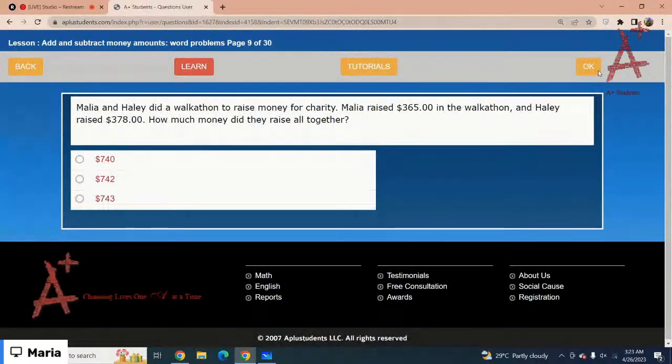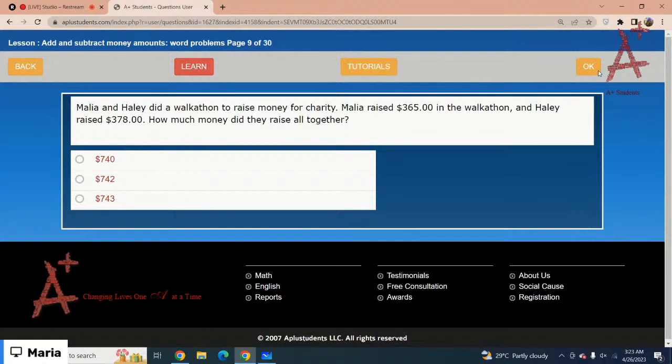Okay, Malia and Hele did a walkathon to raise money for charity. Malia raised $365 in the walkathon and Hele raised $378. How much money did they raise in all? You need to calculate the total money they raised all together. So you have to add 365 and 378.